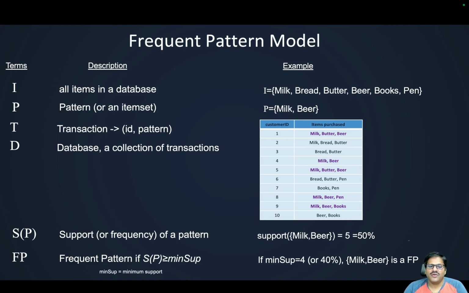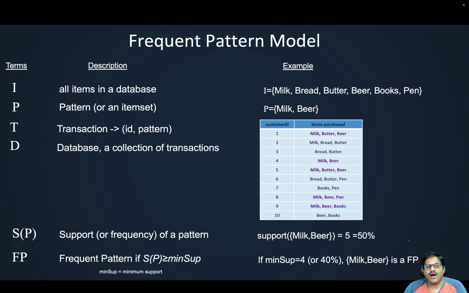In that case, we can say milk and beer is a frequent pattern because its occurrences satisfy the user-defined threshold value. So, this is called a frequent pattern. But the important point is, in a database, there will be several thousands of interesting patterns hidden in a transactional database. The key question is how do we discover all such frequent patterns?